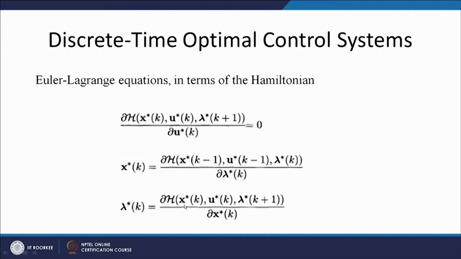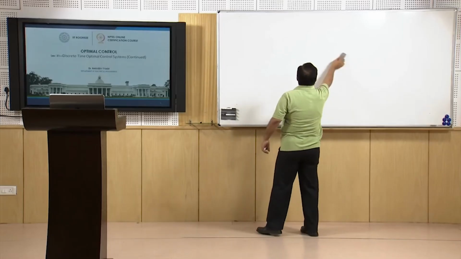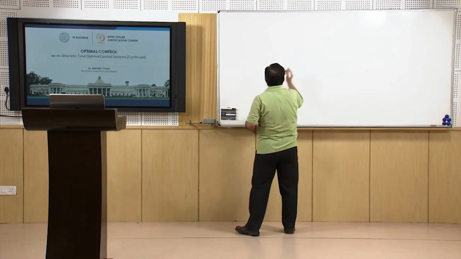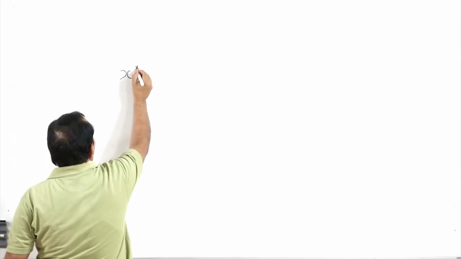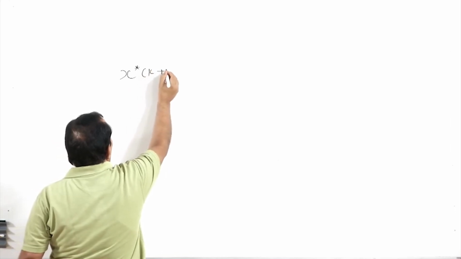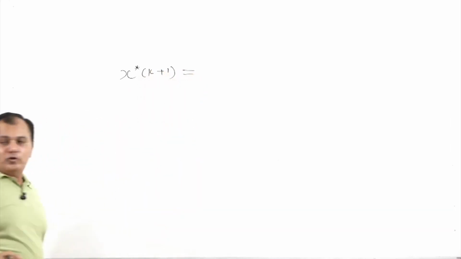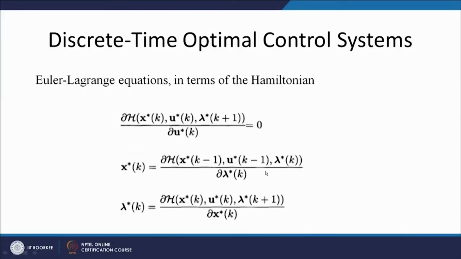What are we actually doing next? Now, these two terms are in terms of x k, u k, lambda k plus 1, and this is also in terms of x k, u k, lambda k plus 1, except the middle term, which is x star k minus 1, u star k minus 1, lambda star k minus 1, differentiated with respect to lambda k. So I can write this equation as x star k plus 1, so that this term can be converted into h of k.